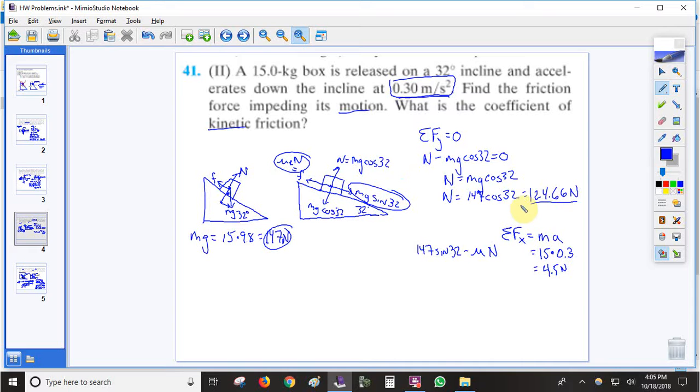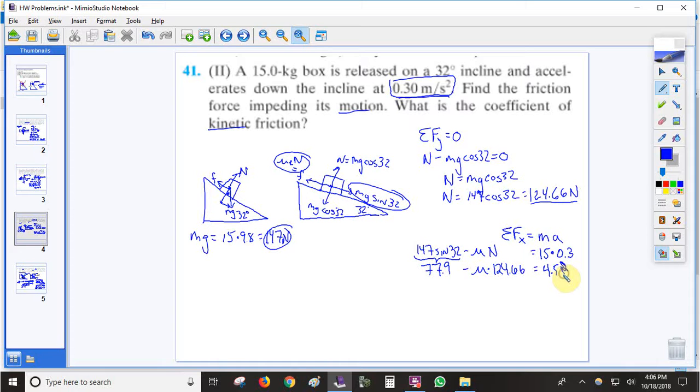So I can say that this would be mu times 124.66, and I can rewrite 147 times sine 32 as 77.9.